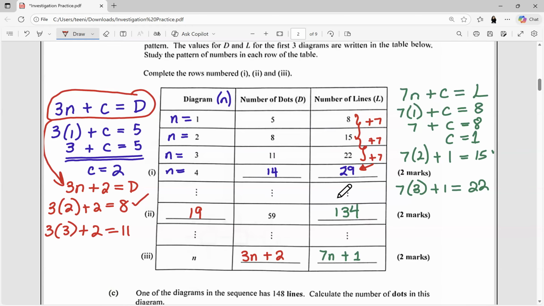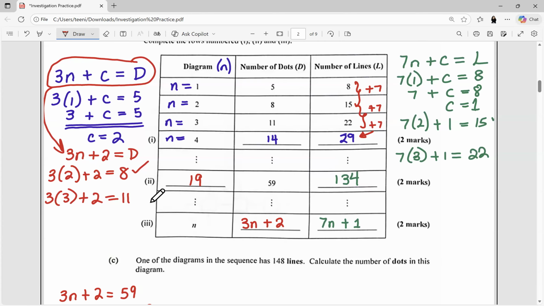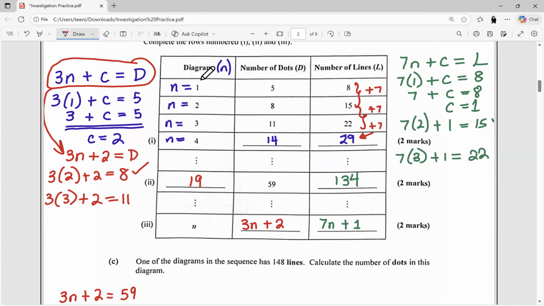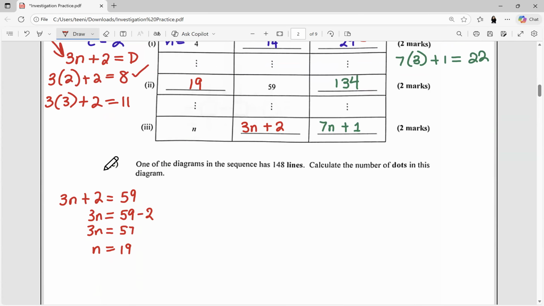So therefore, I have established the rules for the number of lines and the number of dots. Now that I know what the rules are, I can figure out part 2 of the question, which gives me the number of dots, and I need to find the diagram number and the number of lines in that diagram. So I say, well, if the number of dots is 59, it means that 3n plus 2 is equal to 59.